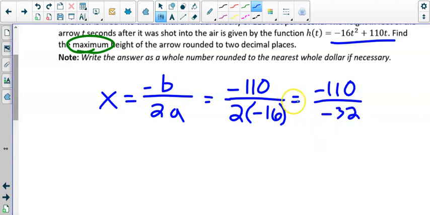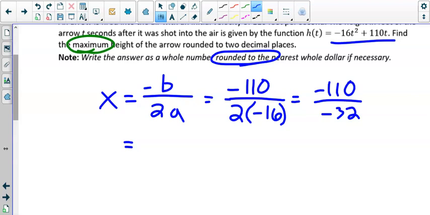And the cool thing is since we're allowed to round, we don't have to worry about keeping this as a fraction. So, negative 110 over negative 32 gives us what? Positive 110 over 32, but again, we can type it in our calculator. Take 110 divided by 32.